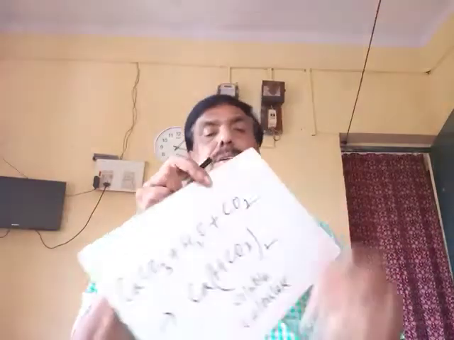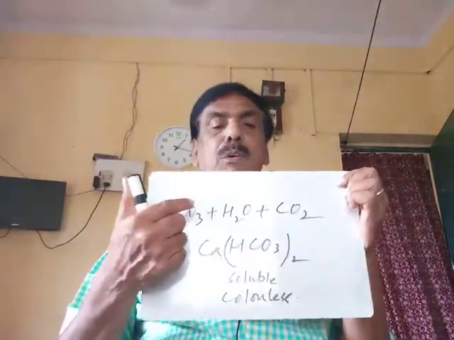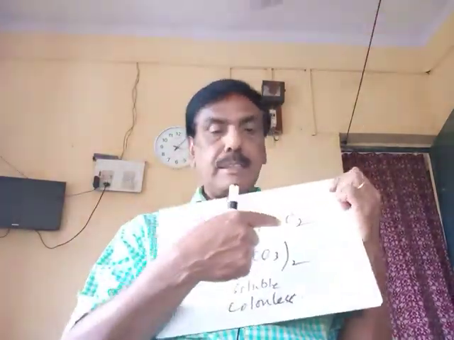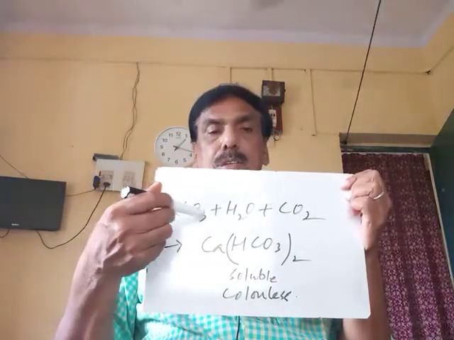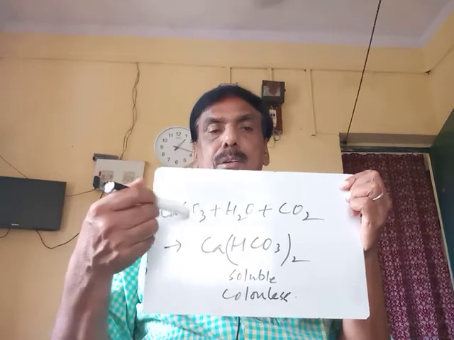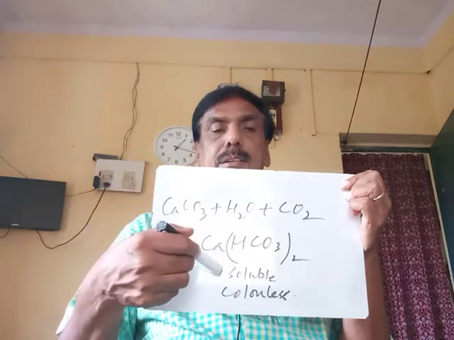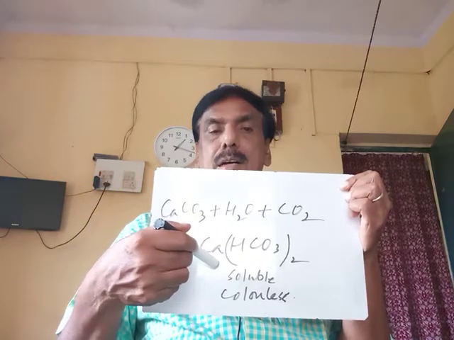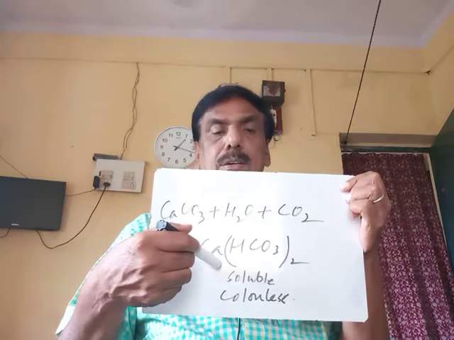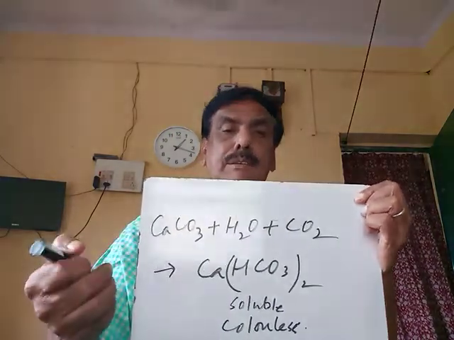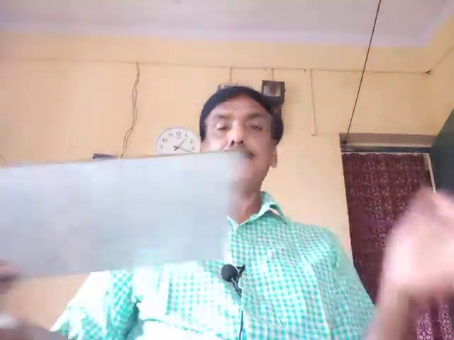If you go on passing carbon dioxide in the solution of calcium carbonate and water, you will get calcium hydrogen carbonate. This is soluble, so it becomes colorless. In this way we can recognize carbon dioxide.